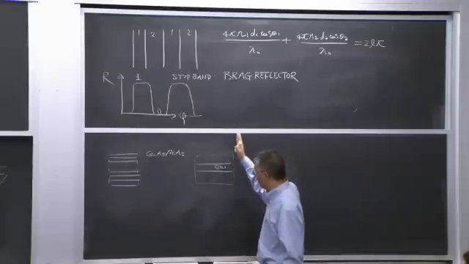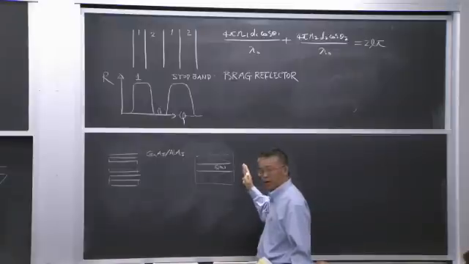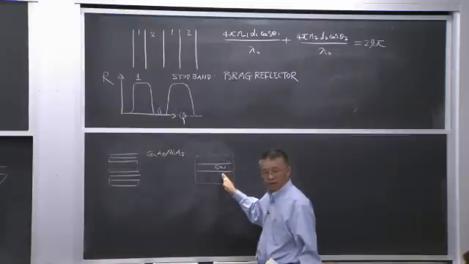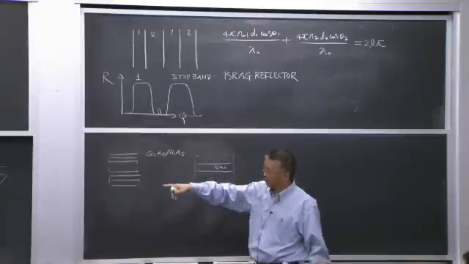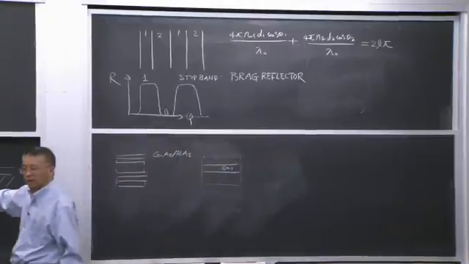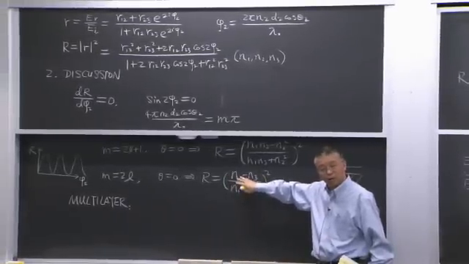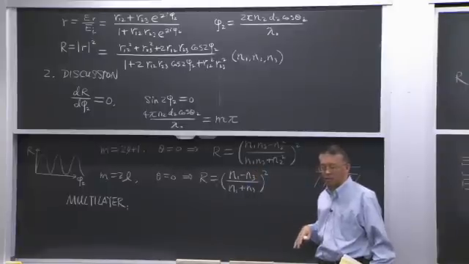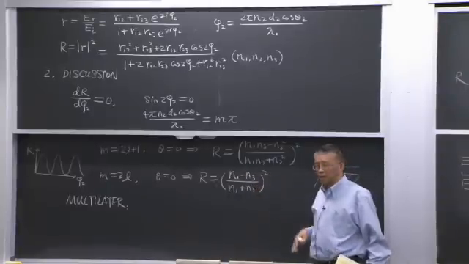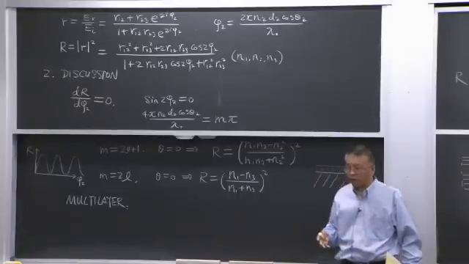What they do is after they grow the device, they cleave it, leaving a lateral interface between air and the semiconductor. So when the light comes to the end, it will be reflected, and that's the reflectance, right? The refractive index of the material is typically 3 to 4 for gallium arsenide, right? If it's 3, the reflectance is about one quarter squared. It's a lot, right?